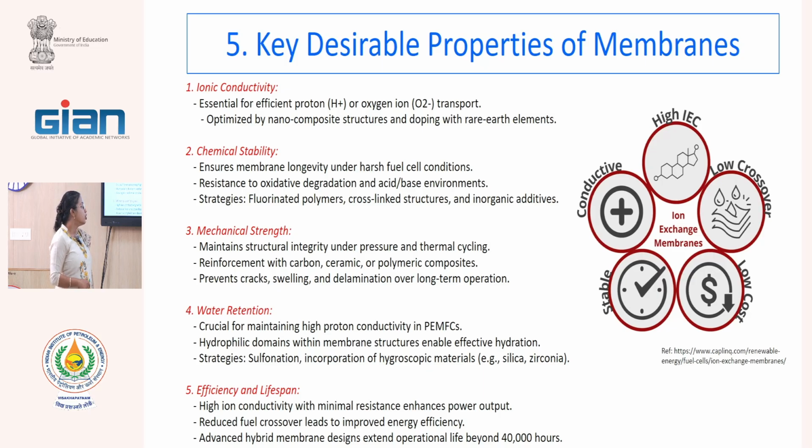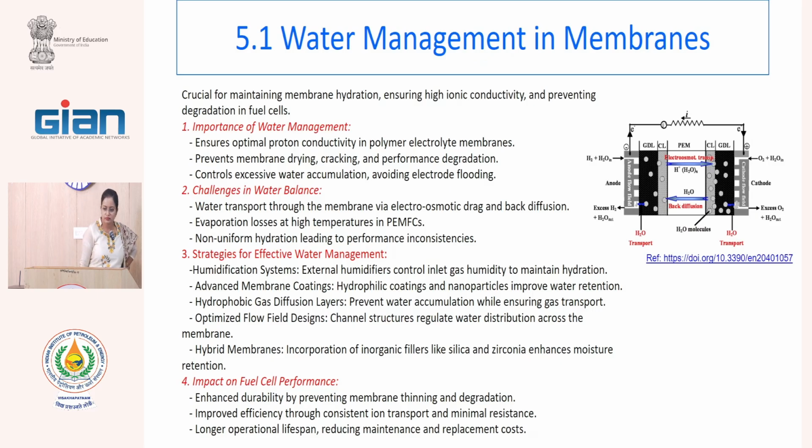It should have good mechanical strength and good water retention, otherwise the membrane will not be useful. But for widespread application, we have to have a low cost or economical option. Otherwise, if the additive itself is very difficult to manufacture, then no industrialist will be interested in using it. So these are some of the key desirable properties of our membrane.